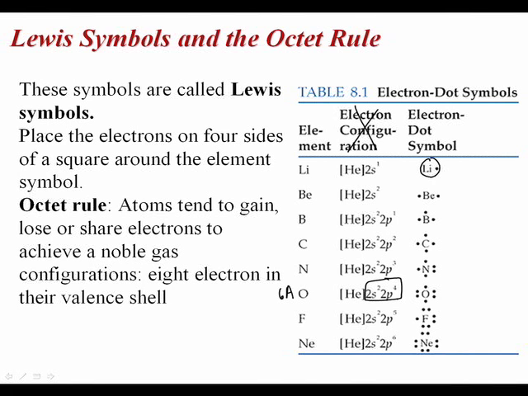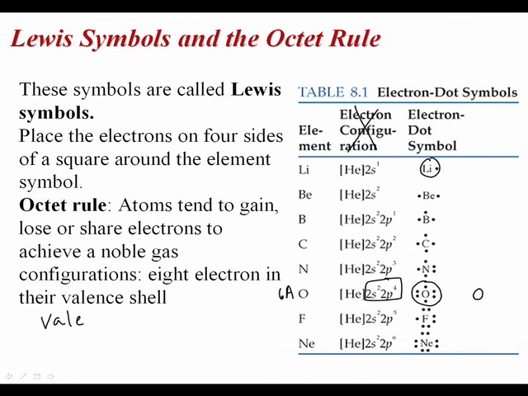That's more advanced than we have to worry about. So we put the symbol, which represents the core of the atom, and then we start adding electrons in the outermost area. These are called the valence electrons.